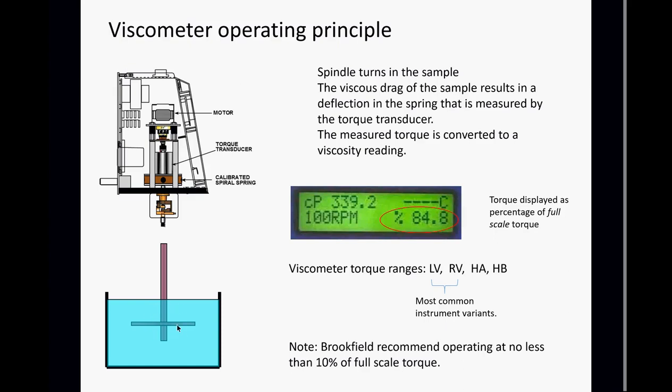So the sample offers a resistance to rotation, and the deflection of the spring is measured by the torque transducer there. And the torque that we get, this is the percentage value that you see displayed on the viscometer, is then converted into a viscosity reading here. So pretty straightforward approach.